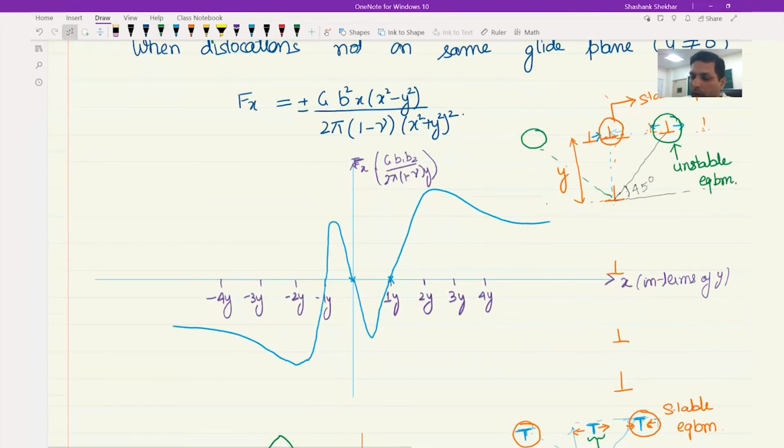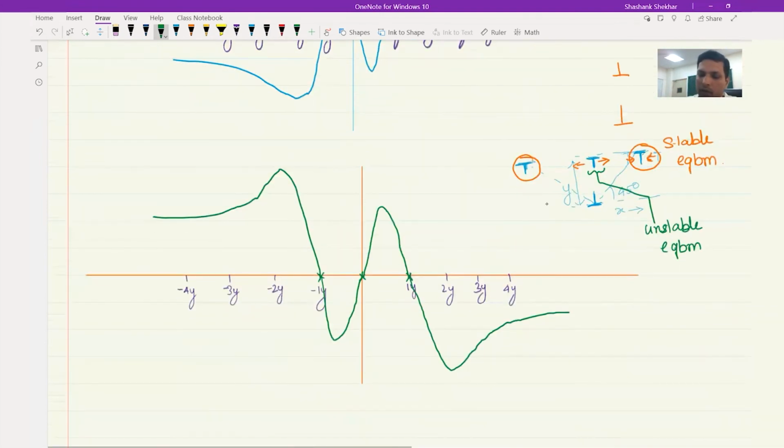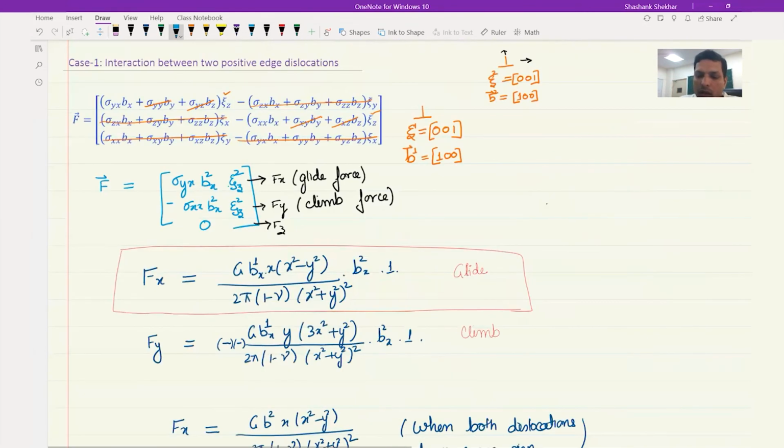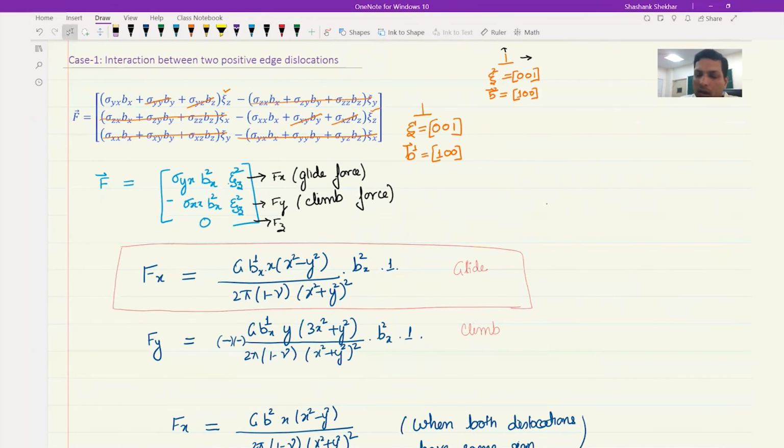So what we realize is that a positive dislocation would form an array like this, and a negative dislocation would also form an array, but at 45 degrees. So this one, if you look at it, would form an array something like this. So this is just part of it, but the next line would again be all positive at 45 degrees and so on. So this is the condition we have looked at where two positive edge dislocations are interacting.